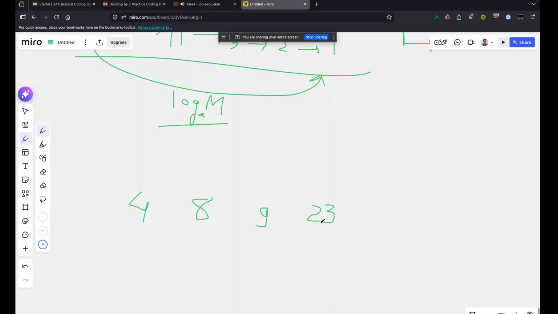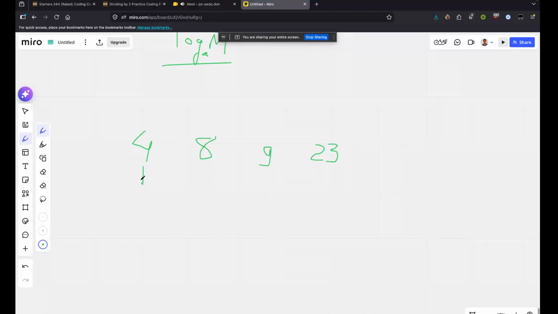I just first try the test case. So I first divide by 2 and it becomes 2, and then I divide 2 to 1. For 8 we are doing the same thing. Our main goal is to reach the last number, that is 1 in the current scenario.